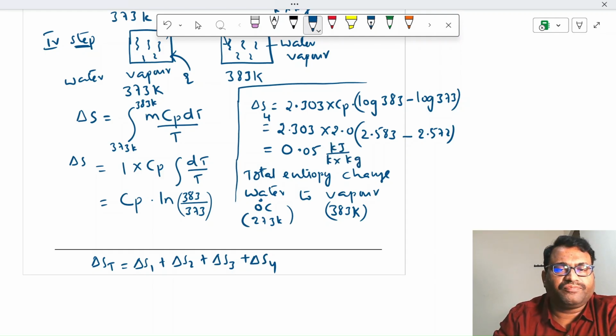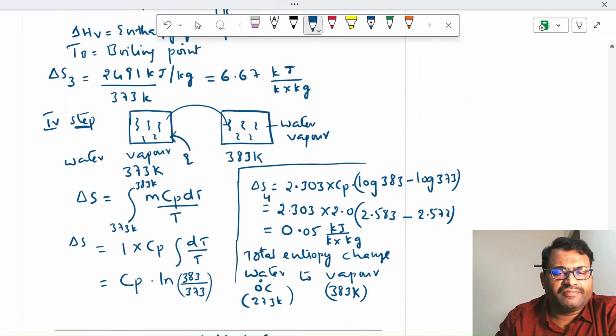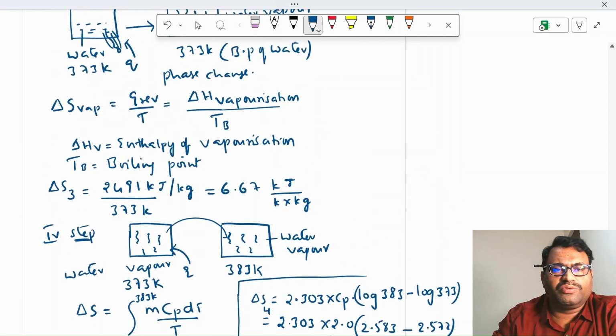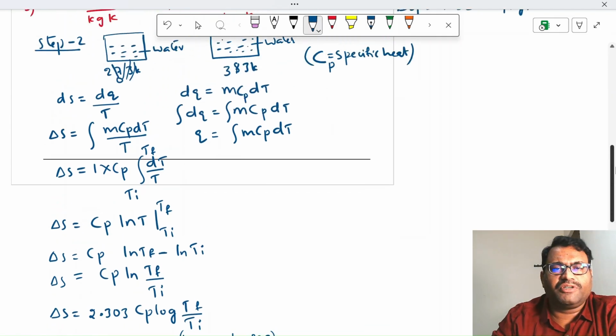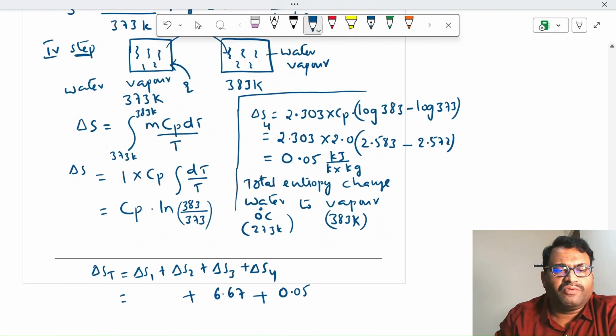Delta S4 we have seen here, 0.05, plus delta S3 we have calculated as 6.67, plus delta S2, 1.31, plus delta S1, 1.22.